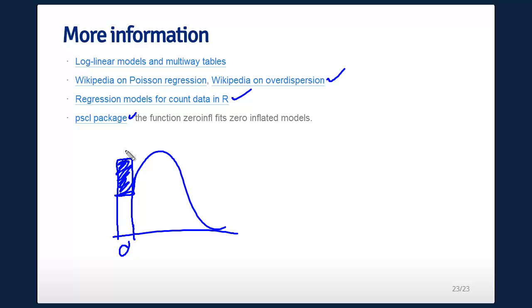You might think this could happen if you have a lot more zero counts early on than you would expect. This is called zero inflation, and there's a fun set of models called zip models, zero inflated Poisson models, that you can use.